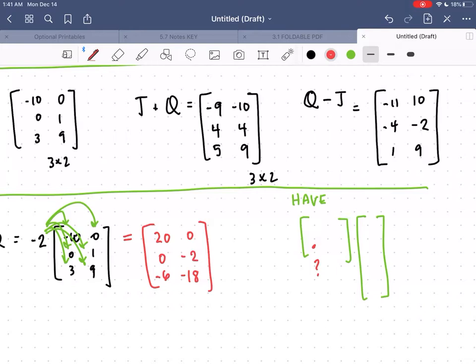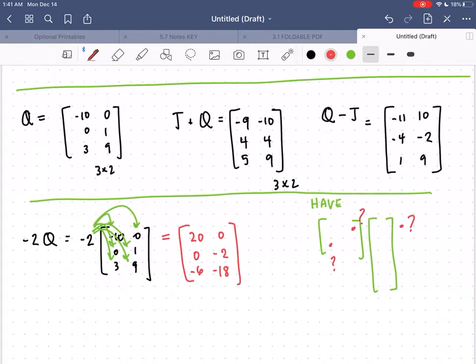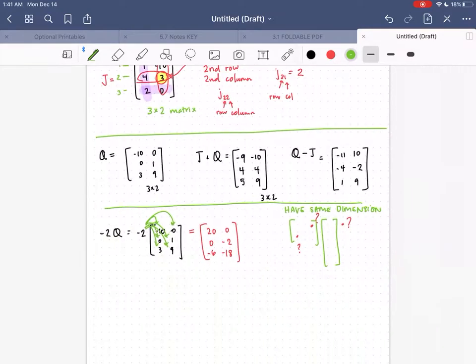I don't know what I would add him to. Or what do I add this guy to? Because there's nothing over here in the second column. So they have to have the same dimension, or else it's just undefined.